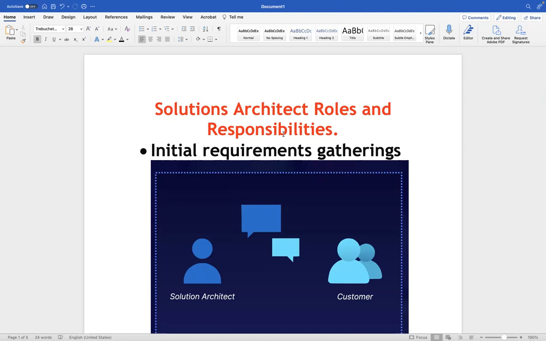For a solution architect, first and foremost, you are typically going to be involved in some sort of initial requirements gathering.